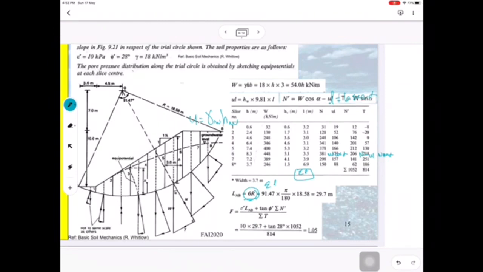Okay, so C prime R theta plus summation of N prime, where N prime is N minus UL, times tangent phi prime, divided by summation of T, where T is equal to W sin alpha. Remember, S is always with T, so S is sine. Then finally you will get the answer 1.05.